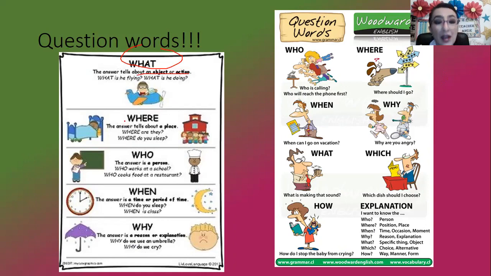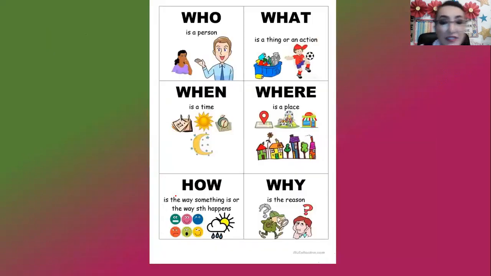Where: the answer is about a place. Who: the answer is about a person. When is for periods of time, and why is for reasons and explanations. Which is for when we have two alternatives, when we need to make a choice. Who is for a person? What is a thing or an action?